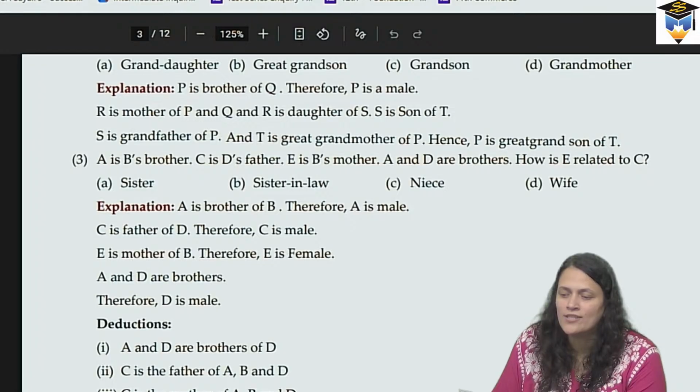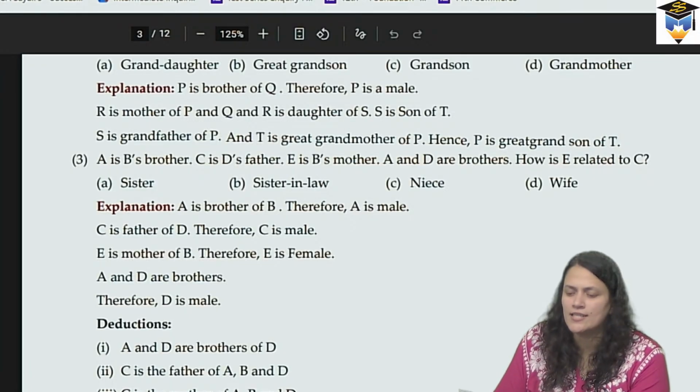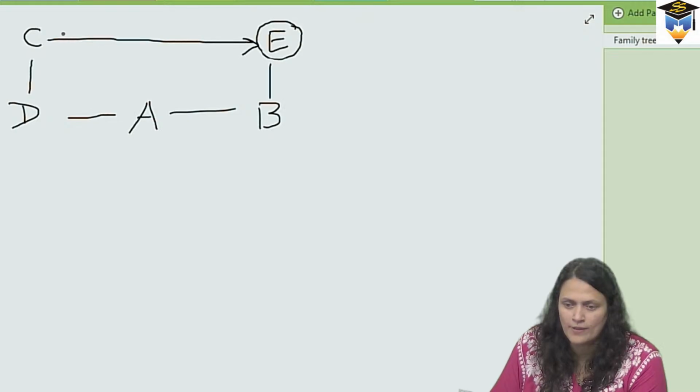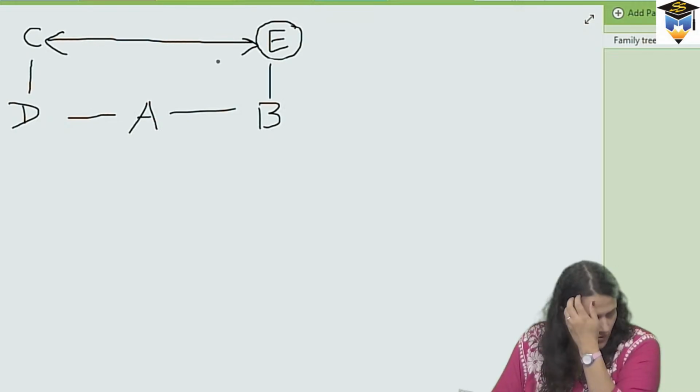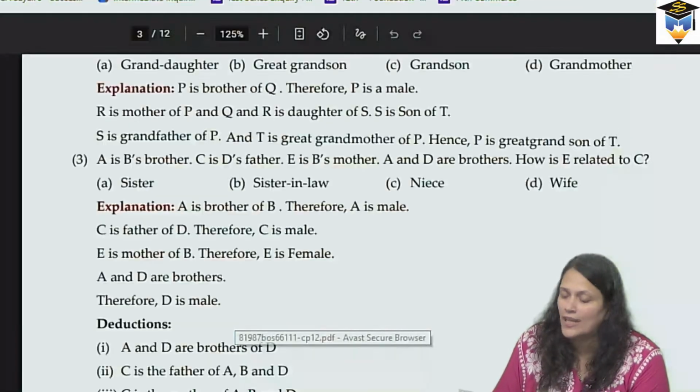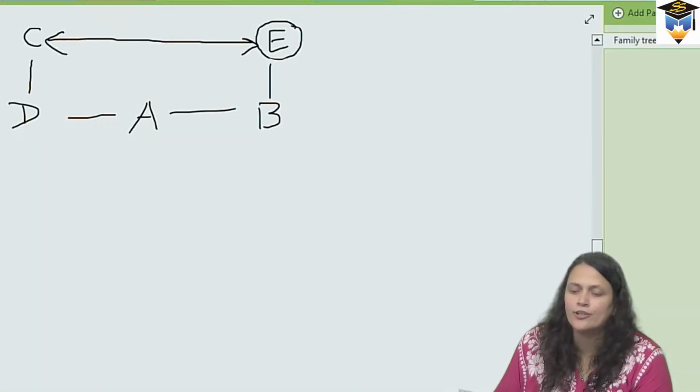And how is E related to C? And C is D's father, no? So show spouses by double-headed arrows. That means they are a couple or spouses. And now the question is, how is E related to C?